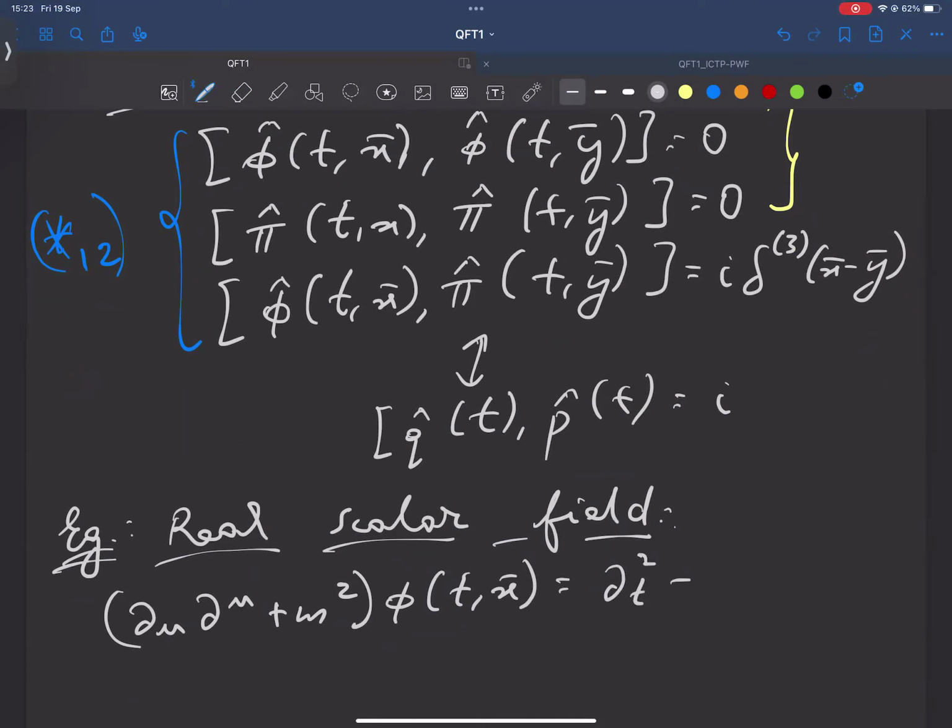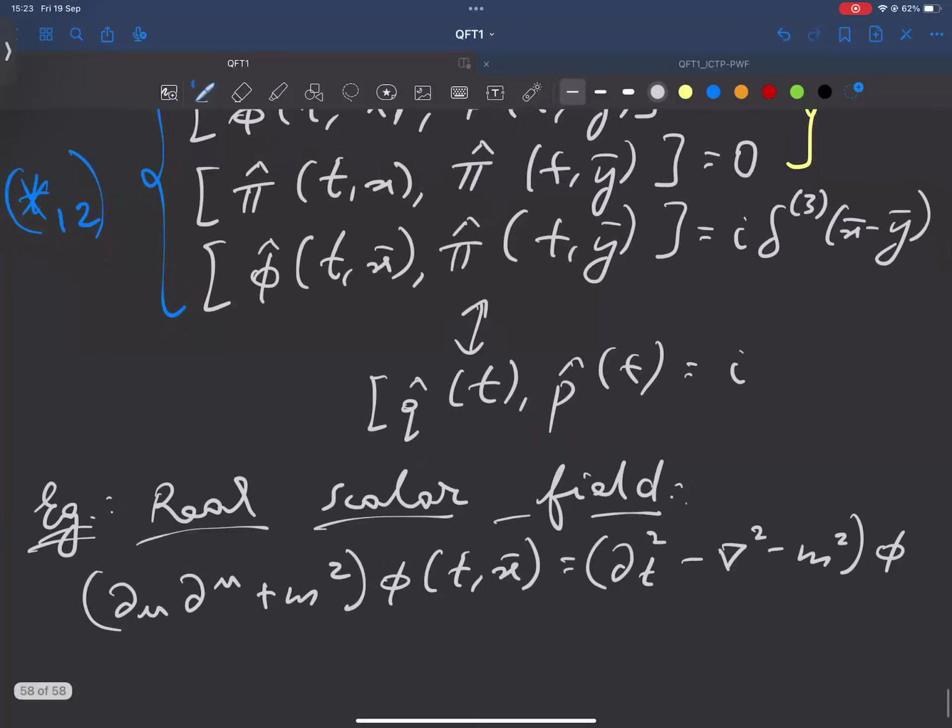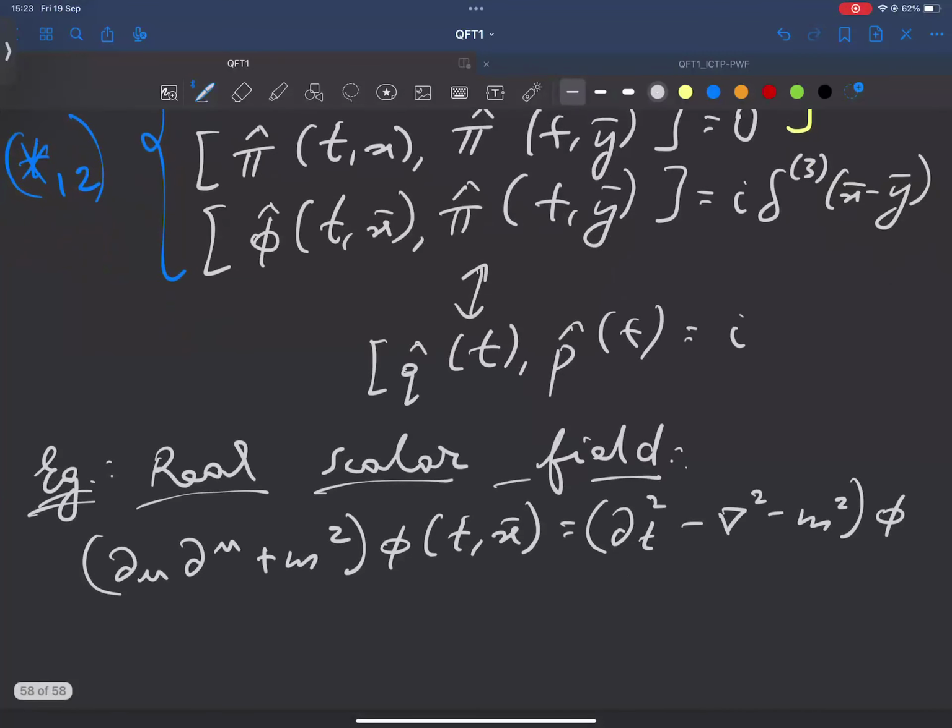So now recall the equation of motion for the massive real scalar field was just this, right? And now we are working in the Hamiltonian picture, so we don't care about relativistic covariance or invariance. So we break it into time and space derivatives. And now we can write a Fourier transform of the field and see what this equation looks like in momentum space.